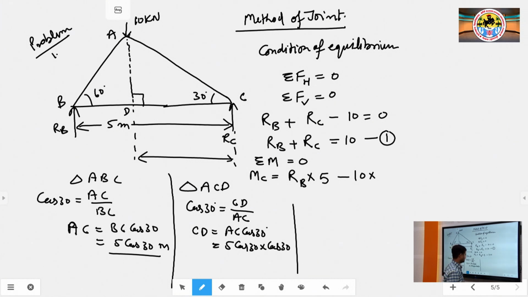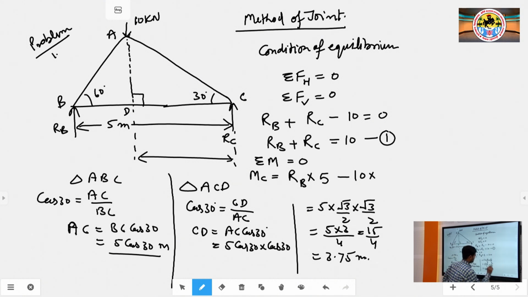The value of cos 30 is root 3 by 2, so 5 into root 3 by 2 into root 3 by 2. So, 5 into 3 divided by 4, 15 by 4, it will become 3.75 meter. In this way you will find the value of CD, that is 3.75. Put down this value over here.